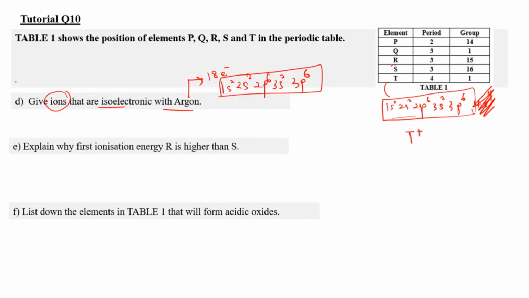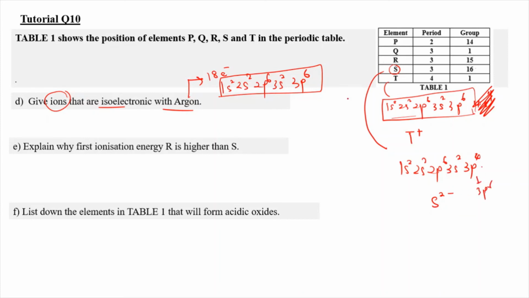For S, it needs to receive 2 electrons in order to become 18, because for S, you're going to have 1s2, 2s2, 2p6, 3s2, 3p4. So S is going to receive 2 electrons in order to become 3p6.